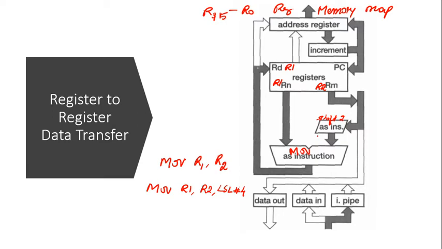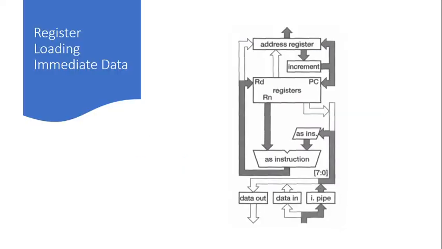There is another case, register loading an immediate value. Whenever you load an immediate value, how are the values loaded? When you load an immediate value, it is generally taken up through this shift operation if required.